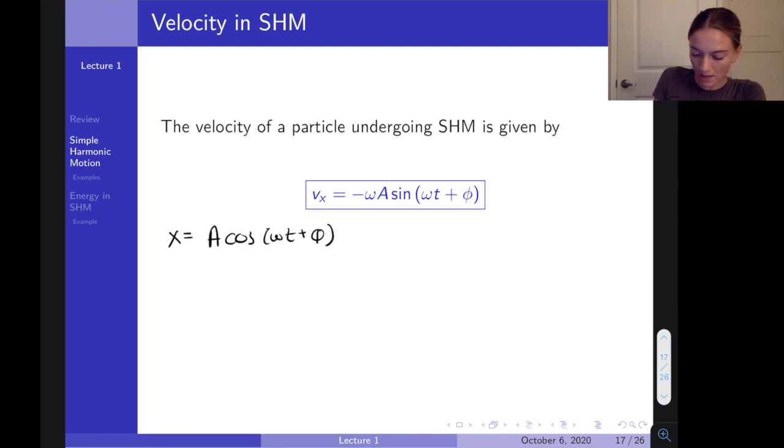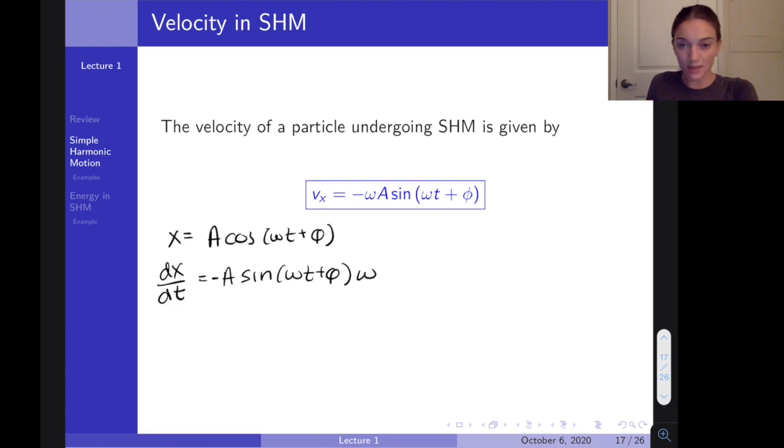So we have dx dt is equal to a sine, right? Because the derivative of cosine is negative sine. So we have sine and then a negative omega t plus phi. And then we have times omega, because then we have to take the derivative of what's inside here, right? Remember the chain rule.